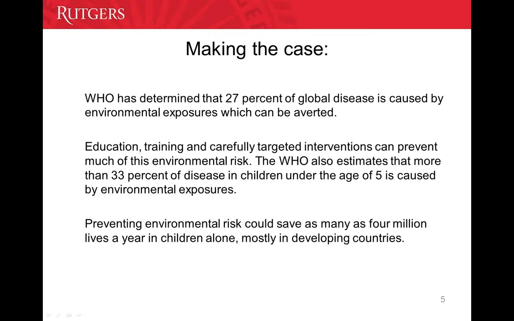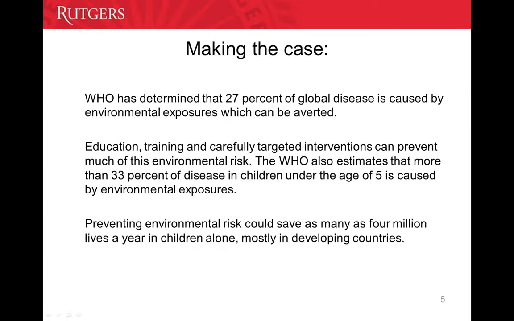It's interesting that the WHO says about a quarter of the global disease burden is caused by environmental health exposures that can be averted, that we can avoid and reduce. Education, training, and carefully targeted intervention, according to WHO, would help us address about a third of the disease problems in children under the age of 5, because they are caused by environmental exposures.